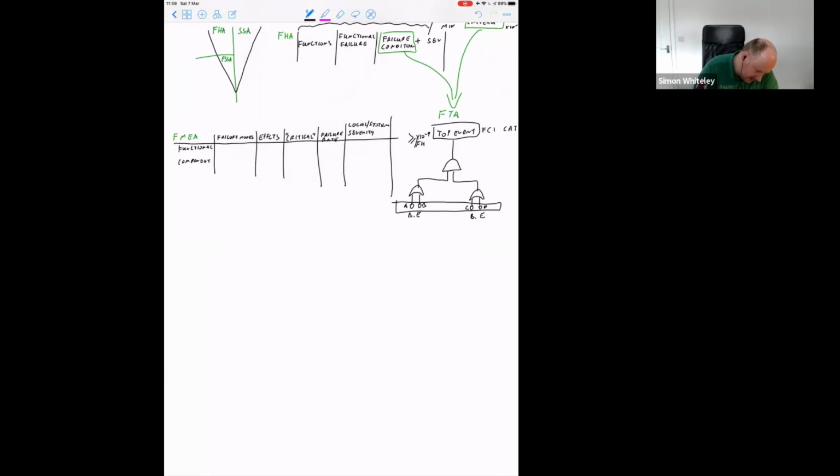Each row in this will be, let's say we've got one component, this component here. The component might have multiple failure modes, and there are multiple failure effects. If you want to think about the criticality, you can, but I'd probably suggest not, because that's making it too complex at the moment.